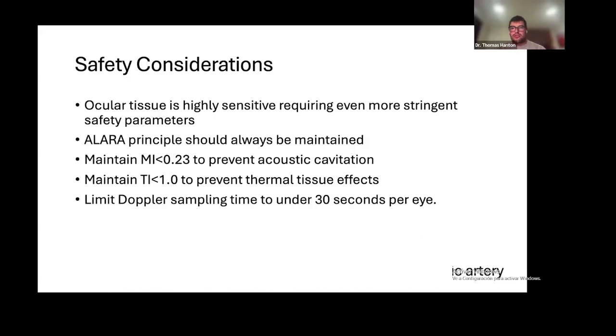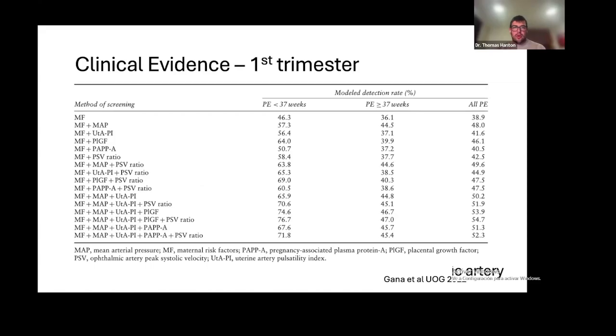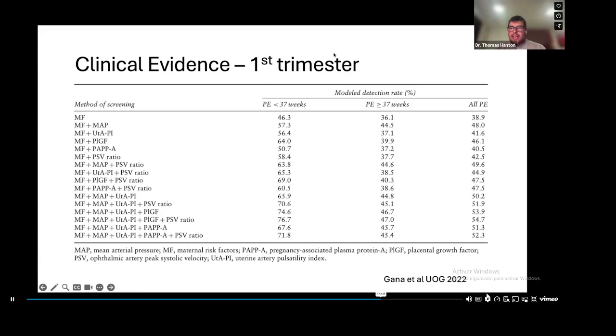the ophthalmic artery traces. So what's the evidence? There are a few big screening studies, looking at this in a screening context, that have come out of King's. Ganna et al. in 2022 published on looking at the ophthalmic artery in the first trimester. The addition of ophthalmic artery Doppler did improve detection rates, but only by 2 to 3%, and particularly only for preterm preeclampsia.